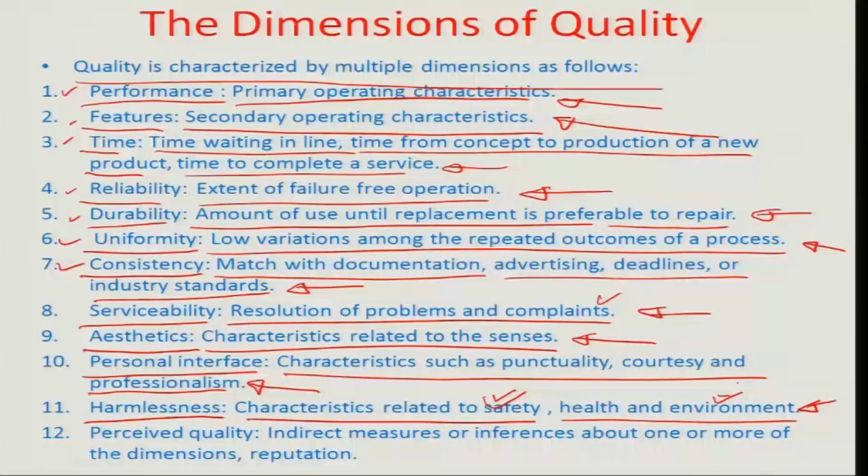This is a very important concept of quality, because it is related to the environment in which the product is being produced. So harmlessness and issues related to the environment are very critical for product quality.